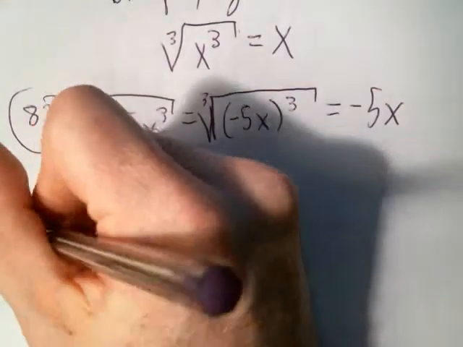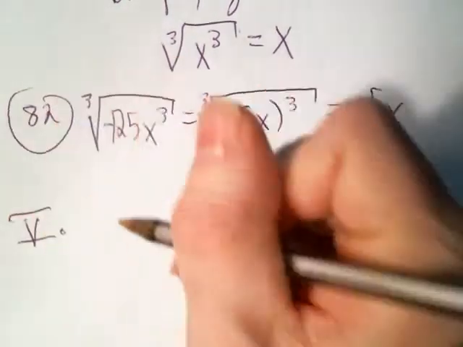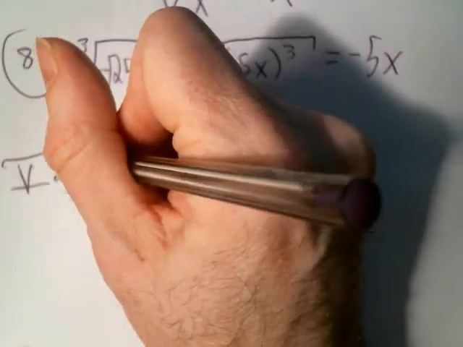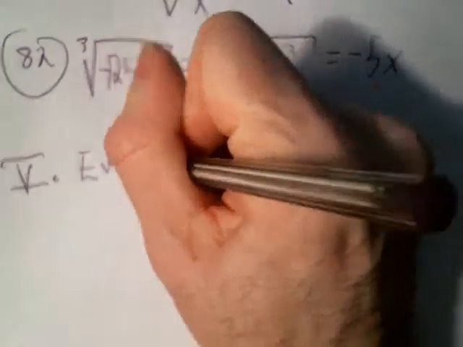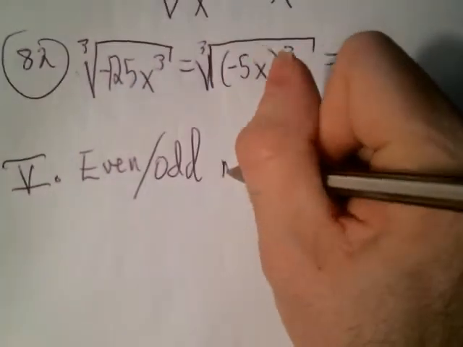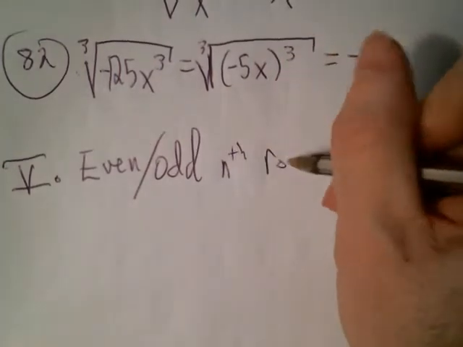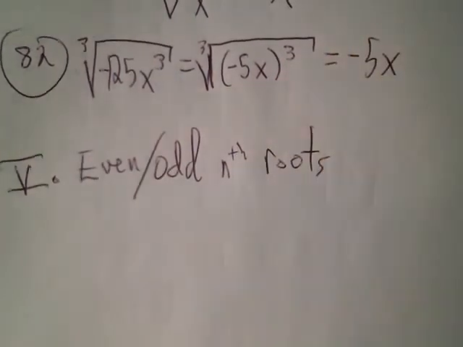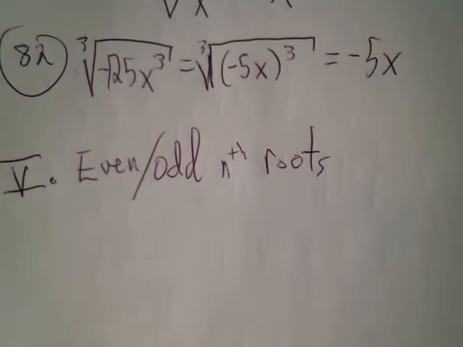Okay. So in general, we can look at these other kinds of roots. We can say, all right, we're going to divvy them up into 2 types, even and odd. And in general, we call them nth roots. So 5th roots, 6th roots, 7th roots, 8th roots, 9th roots.